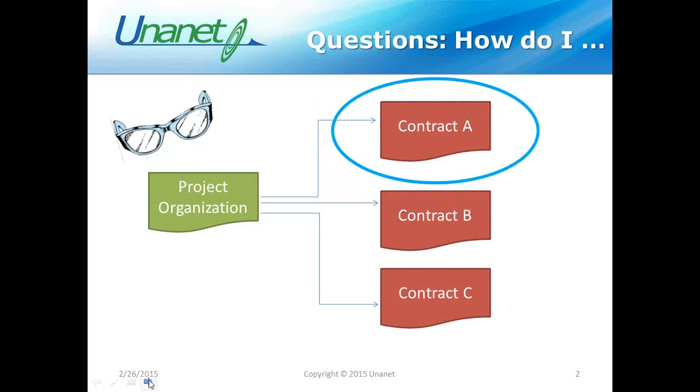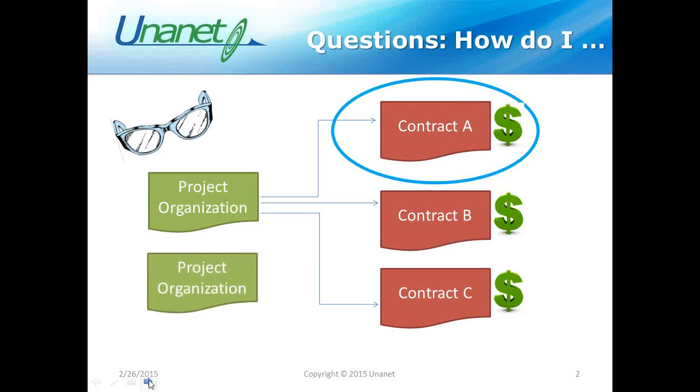Or how can I restrict a project manager from having access to edit project information, at the profile level or the budget level, those budgeting information? Or how can I restrict the view of cost rates for those project managers? You don't want them seeing that costing information for their users. Or how do I support multiple organizations in Unanet? How do I grant or restrict access to those multiple organizations?